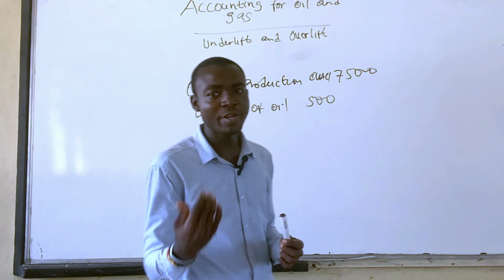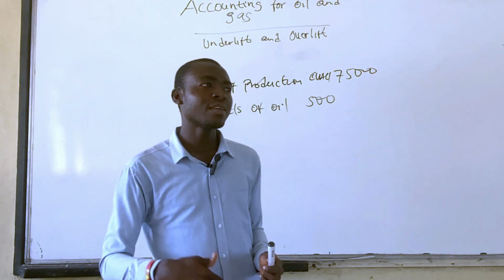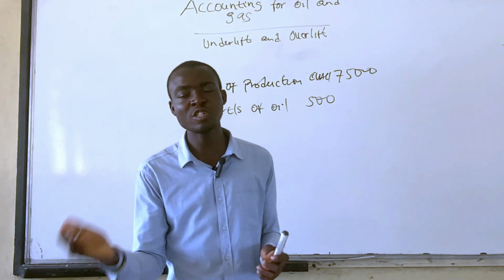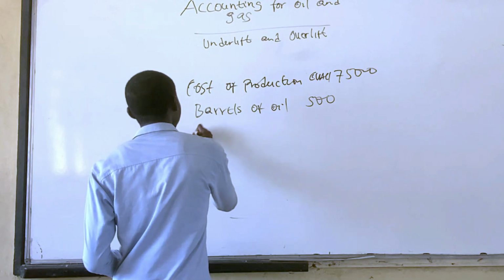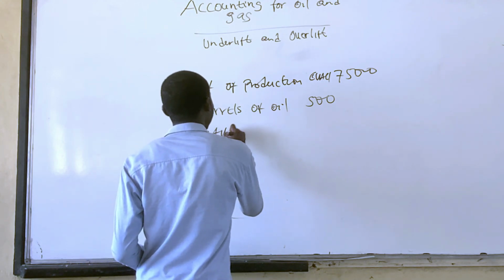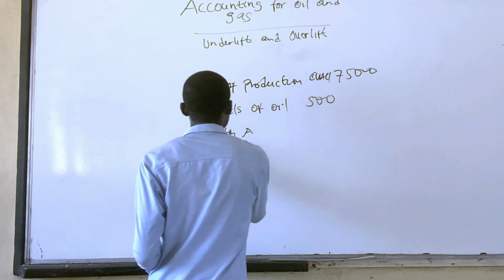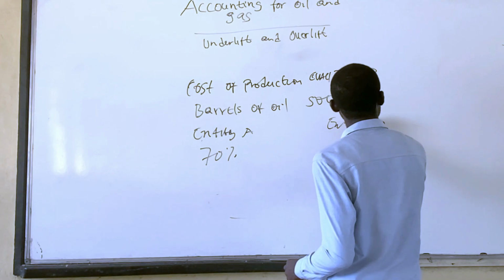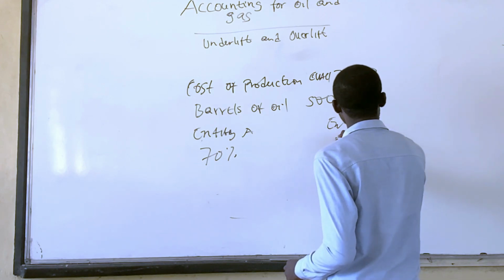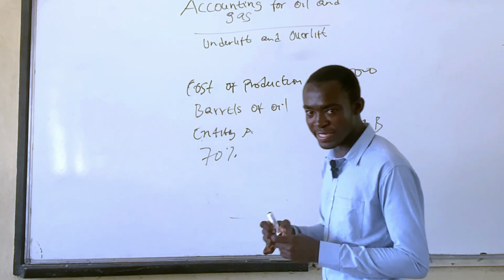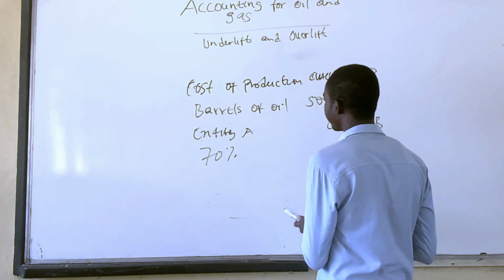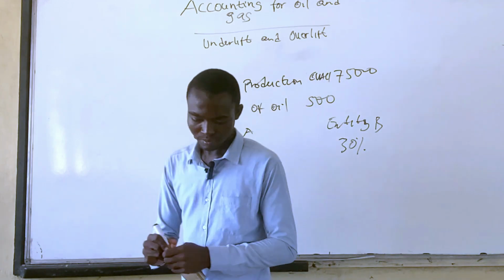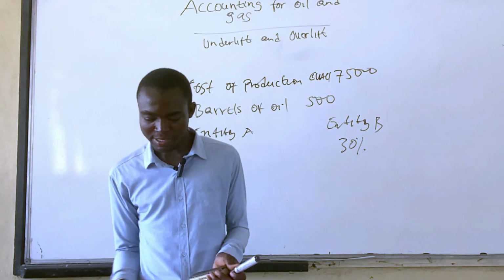According to the question, entity A is responsible for 70%, and entity B is responsible for 30%.